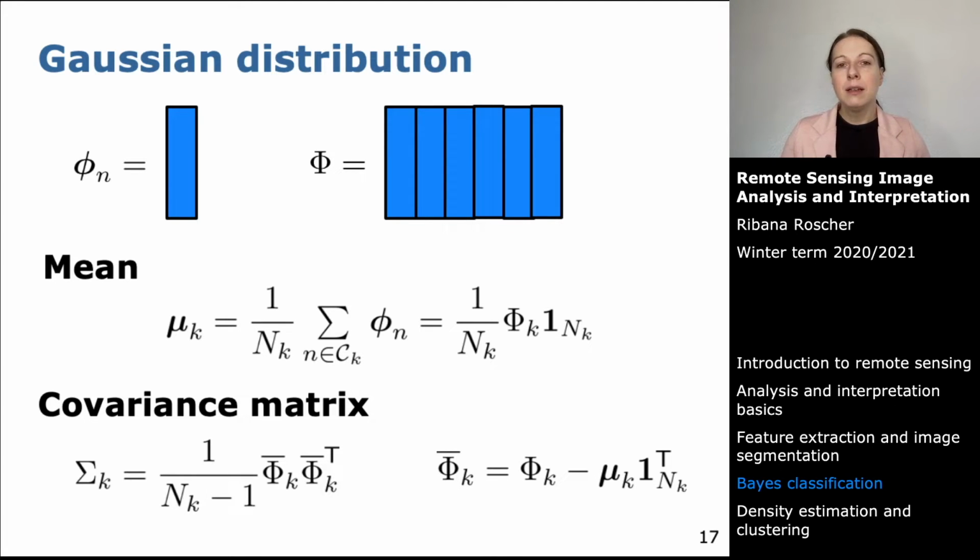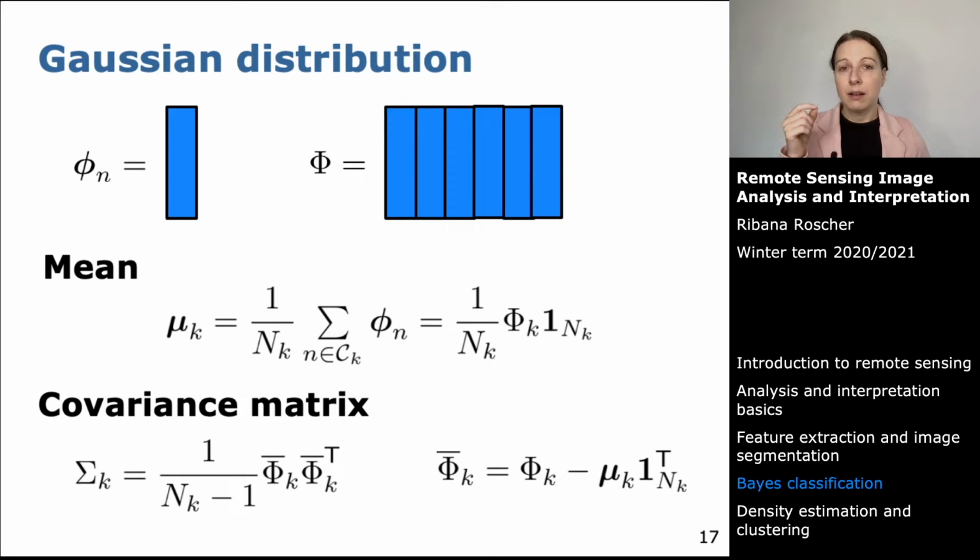The mean per class is nothing else than taking the average of all feature vectors which belong to one class. And the covariance matrix is computed from the mean-reduced feature vectors per class. Once you have computed the mean per class, you can reduce this class-specific feature matrix by this mean, and then you can compute a class-specific covariance matrix.